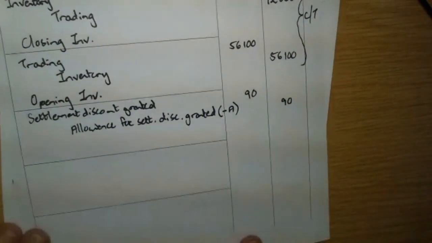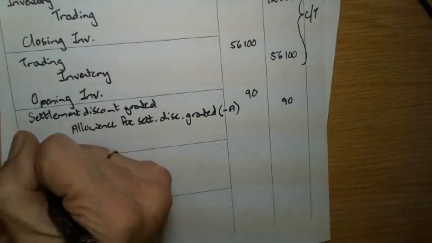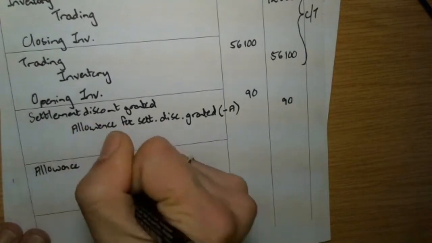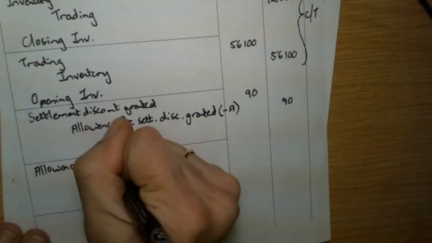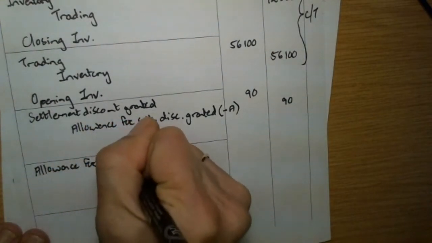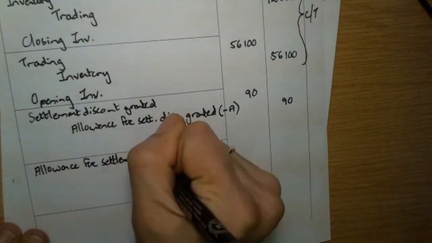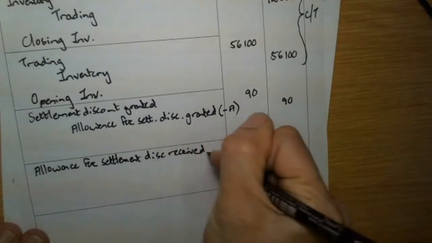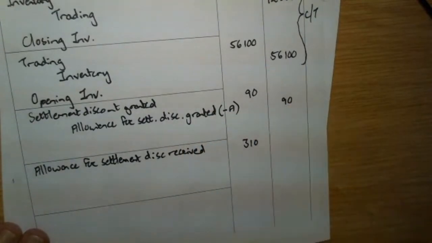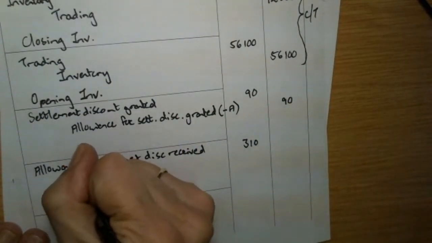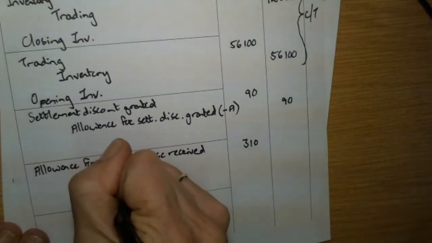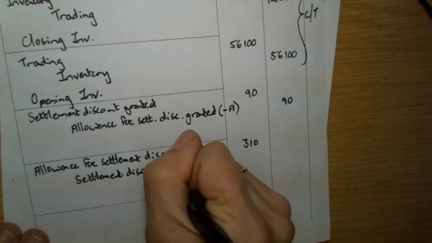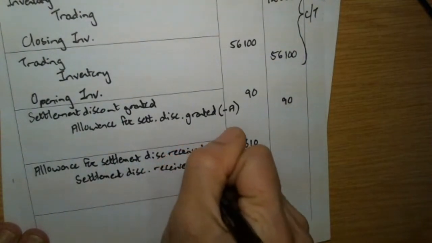Then I've also got settlement discount received. So I'm going to be debiting the allowance for settlement discount received because this is a negative liability or a contra to my creditors amount. Okay, so the allowance for settlement discount received is 310, and I'm going to credit settlement discount received, which in our closing transfers is going to reduce the amount for purchases.